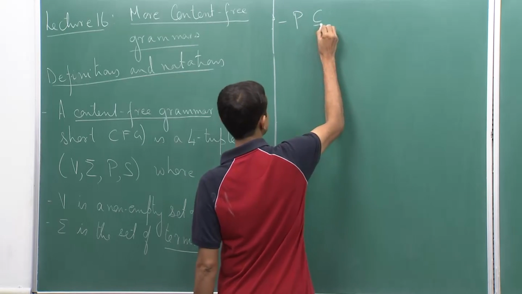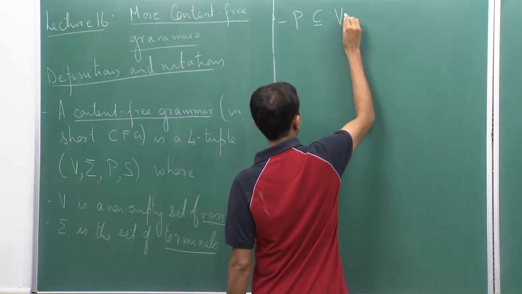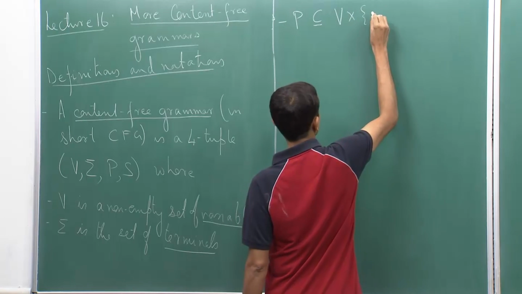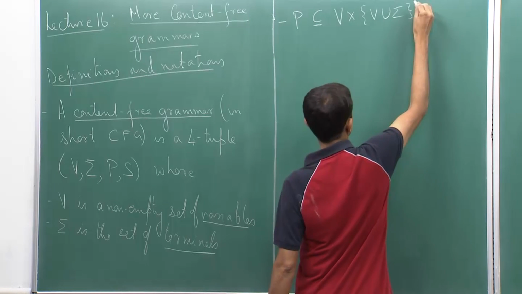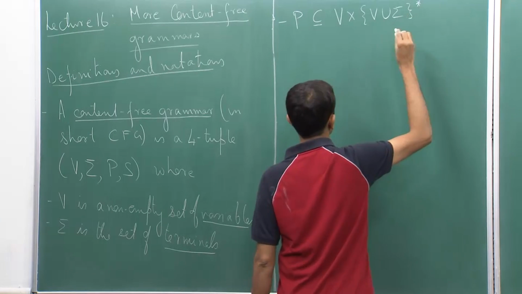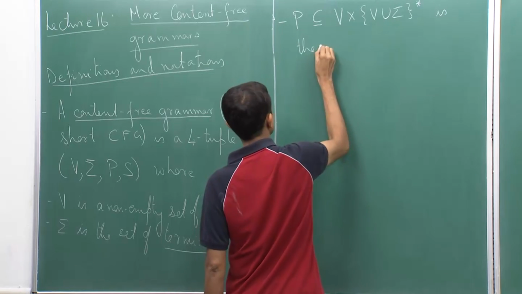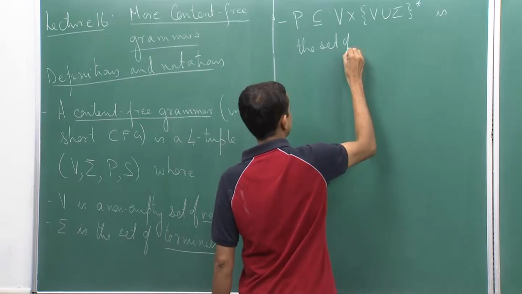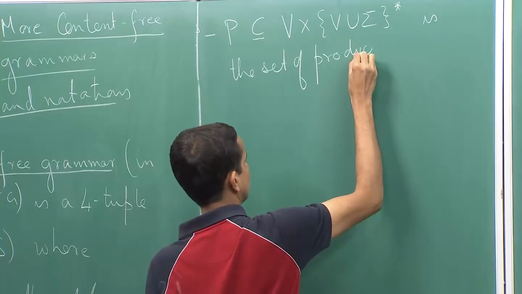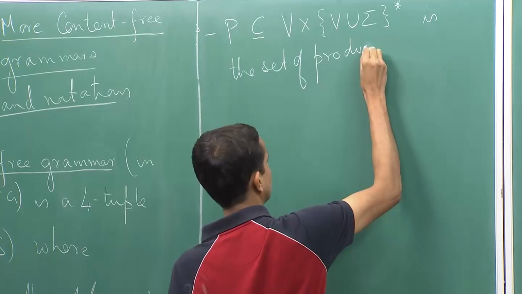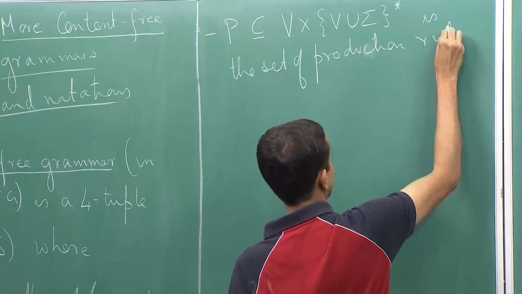P is a subset of the relation V cross (V union Sigma) star, the set of production rules.